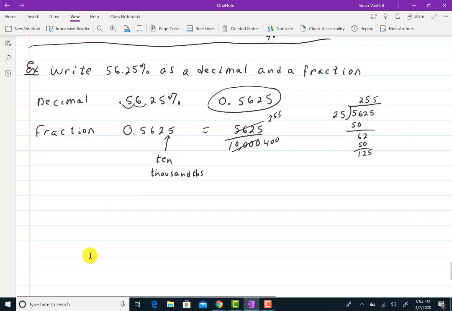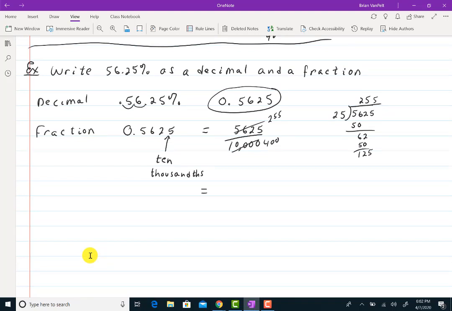So not quite done yet, assuming that it has to be simplified. Keep that in mind. So 255 over 400. At this point, I think I'm just going to divide by 5. So if I divide 5 into that, I'll get 51. And 5 into 400 gives me 80. So I think I get 51 over 80. Is that true? Yes, I think so.